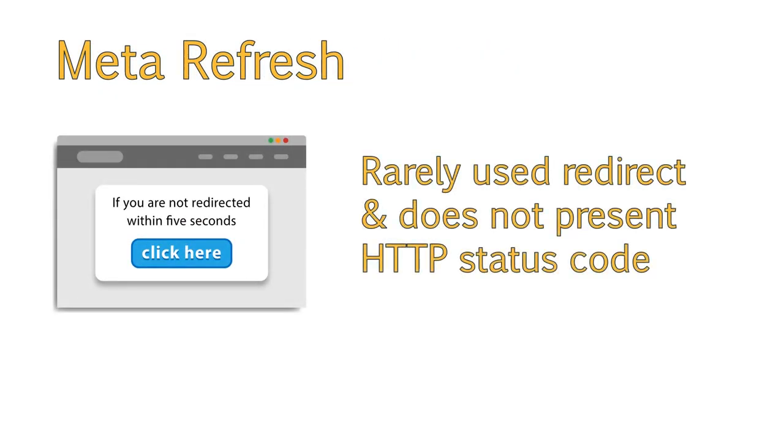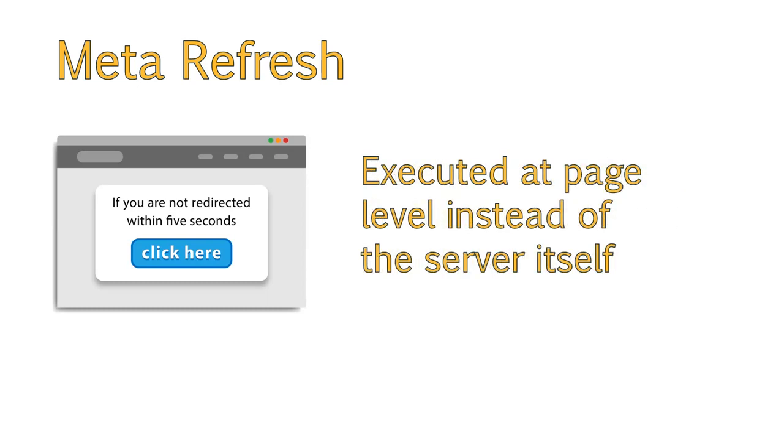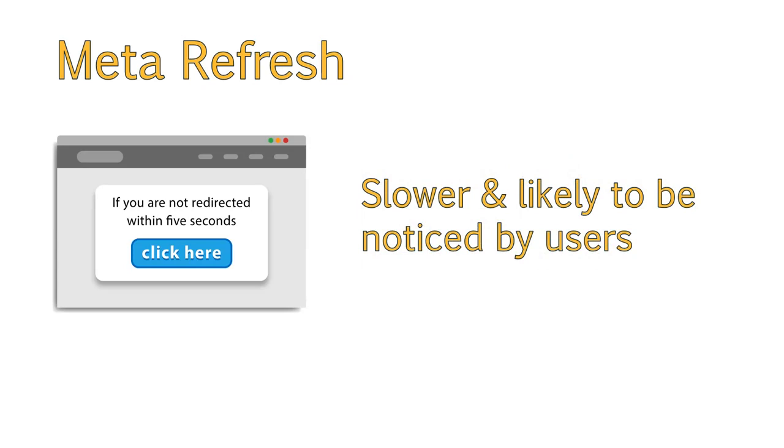Another type of redirect, which is rarely used but you should know about, is called a meta refresh. Unlike the previous types of redirects, no HTTP status code is presented with a meta refresh. This is because the redirect is executed at the page level rather than by the server itself. These redirects are usually slower, and users are more likely to notice they've been redirected.